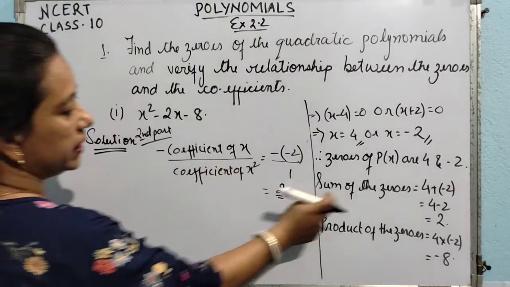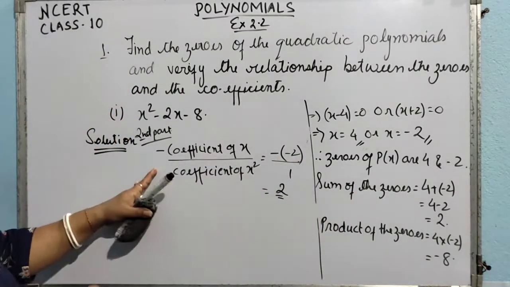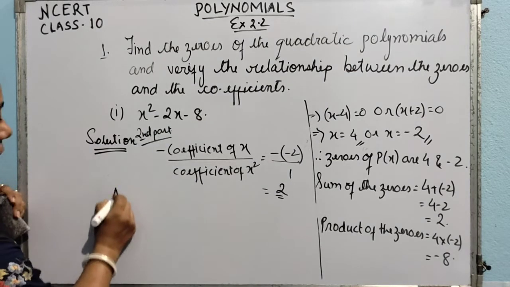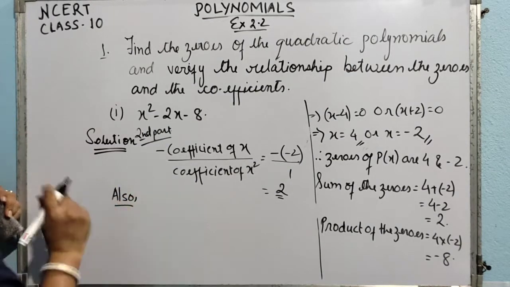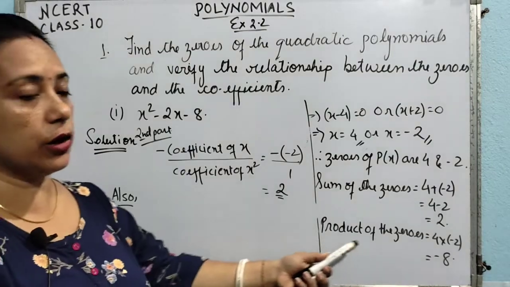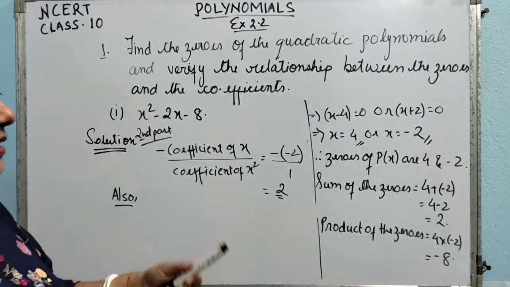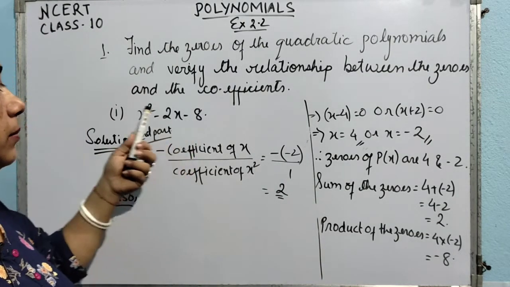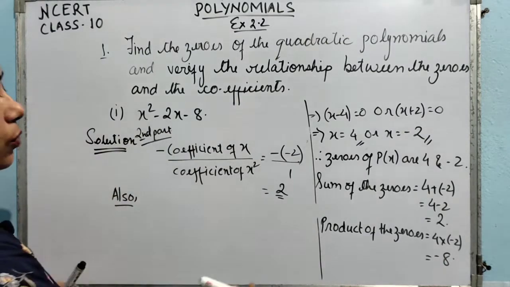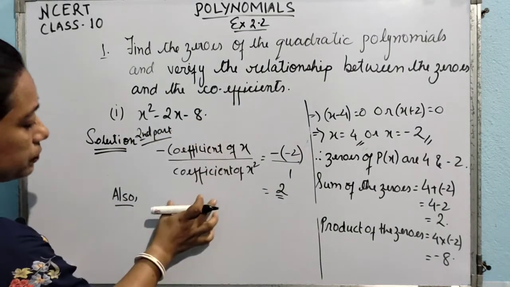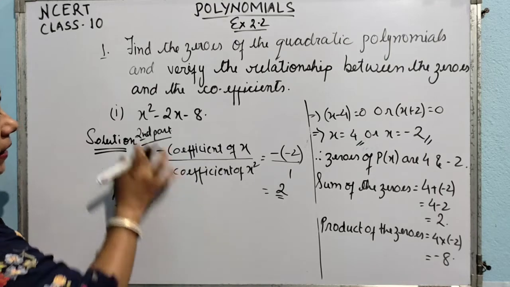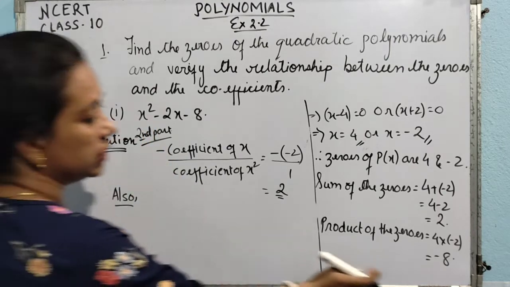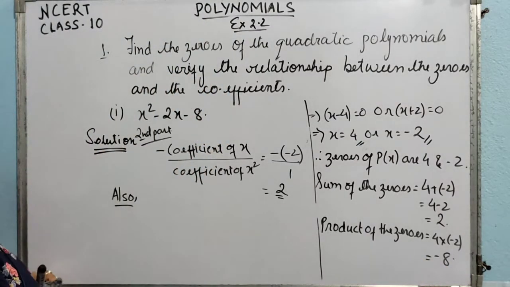So see what we are getting, the sum of the zeros is equal to this much. Also, the product of the zeros should be equal to c by a, that is, the constant term by the coefficient of x square. Now we have to see whether this gives the same value, minus 8, or not.